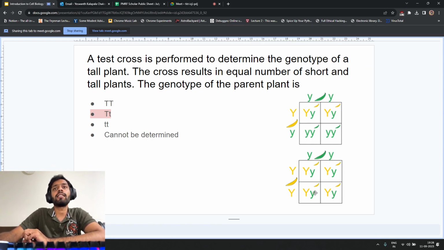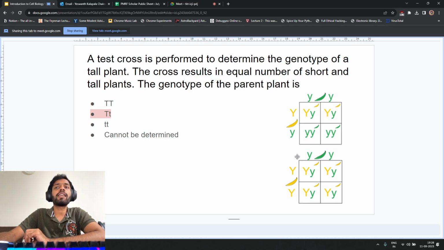Essentially, if the unknown variety is heterozygous, you'll see equal numbers of both alleles being represented.